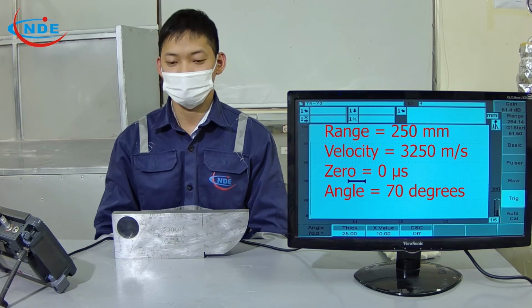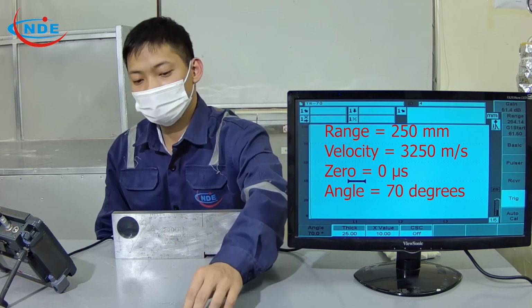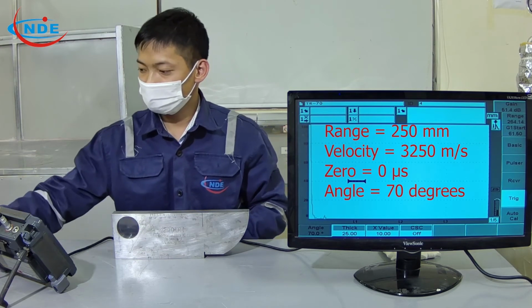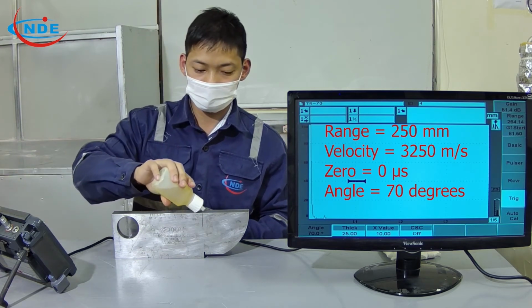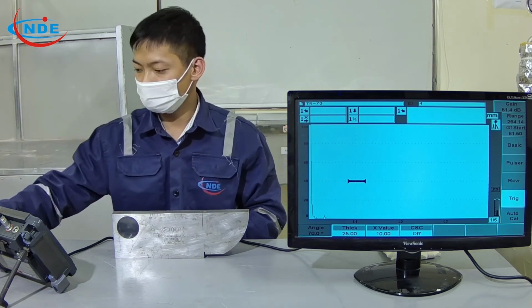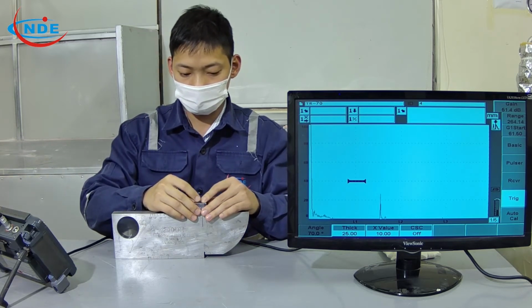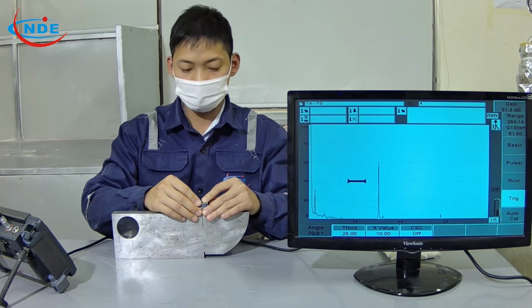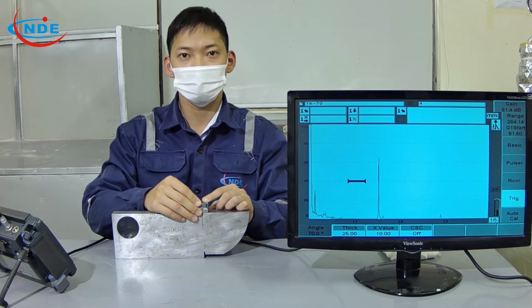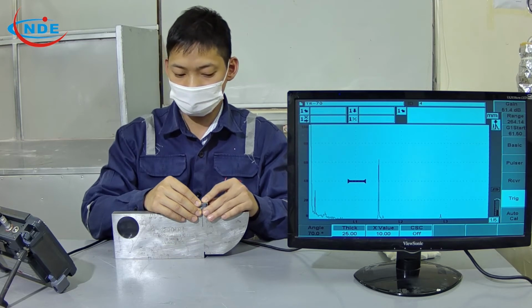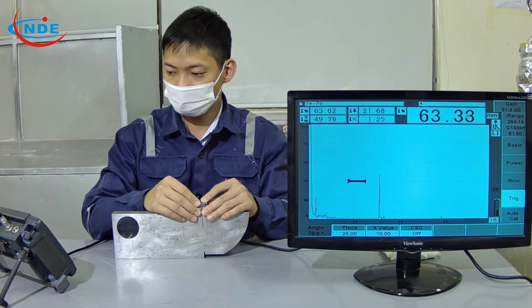Contact the angle probe to the V1 calibration block. Move the probe until the maximum value of indication on the screen.